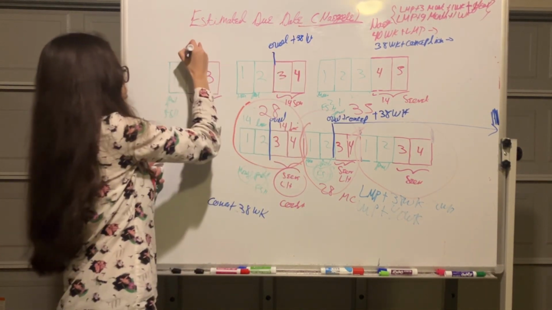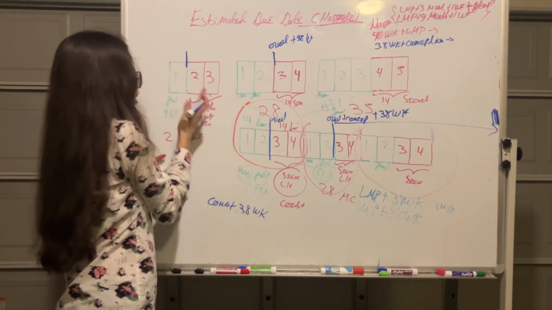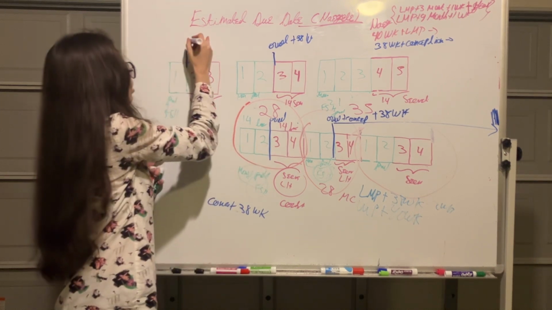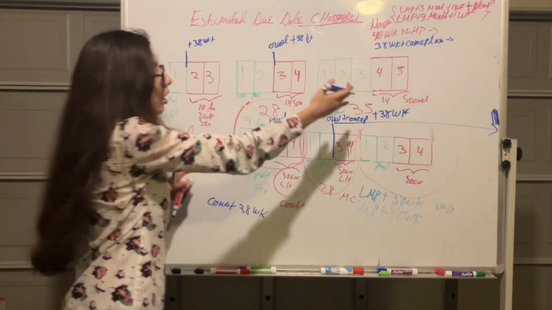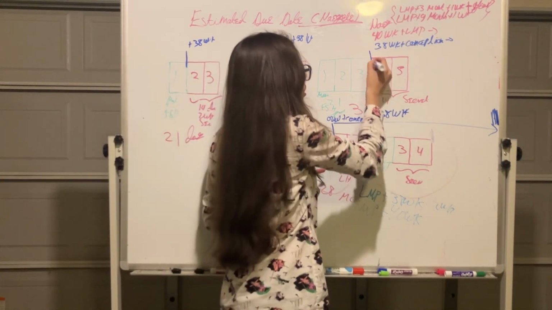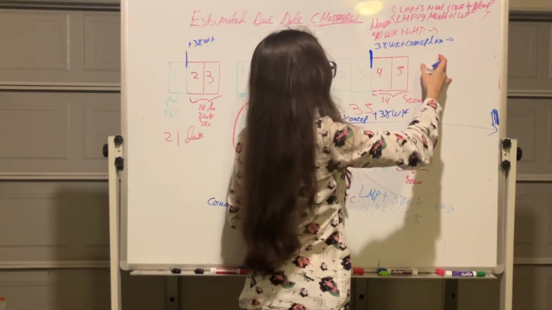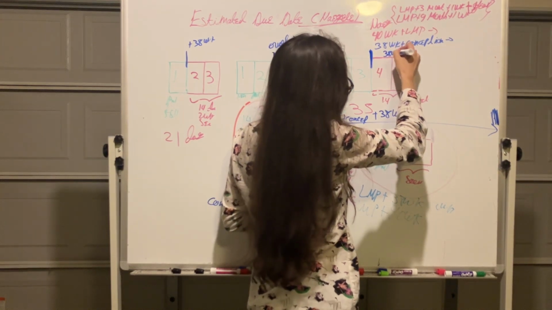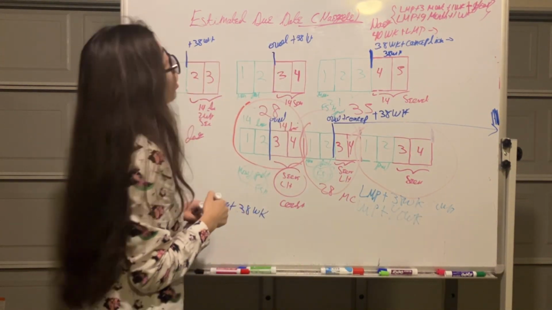Here ovulation occurs between the proliferative phase and the secretory phase. The estimated due date would be the conception date, which is here, plus 38 weeks. Here it's the same. Here is ovulation, and if conception occurs, then the due date would be 38 weeks from the ovulation, from the conception date.